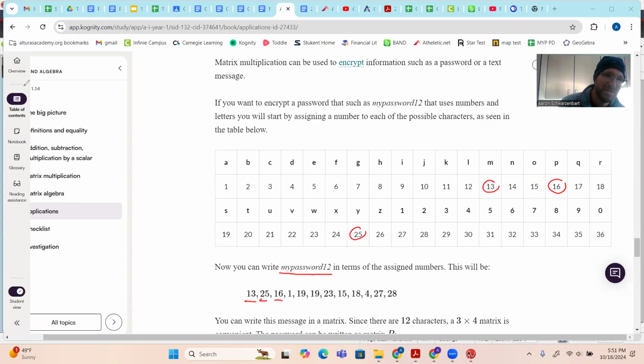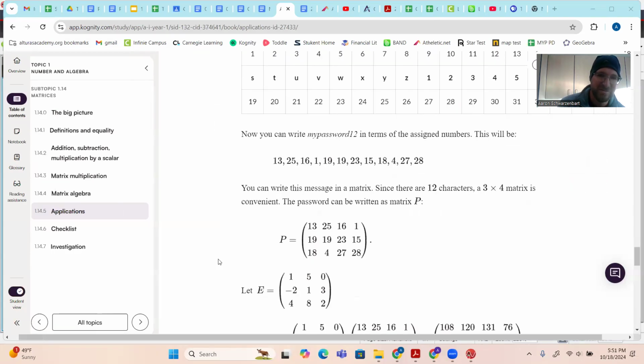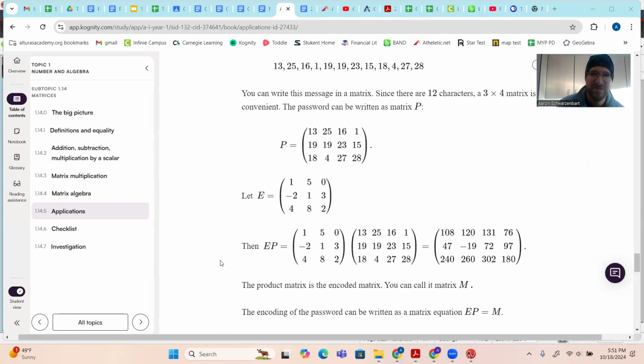And whatever we're going to use for an encryption matrix is going to have to match in dimensions, kind of. So they've chosen a 3 by 3 encryption matrix. The key for the encryption matrix is that it is square.